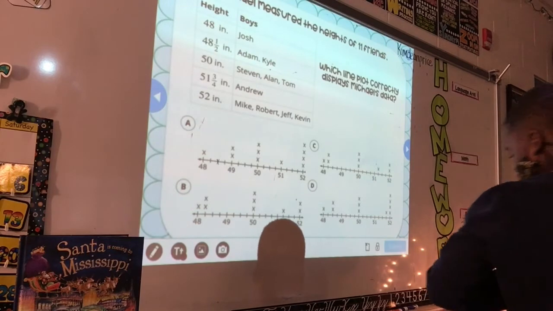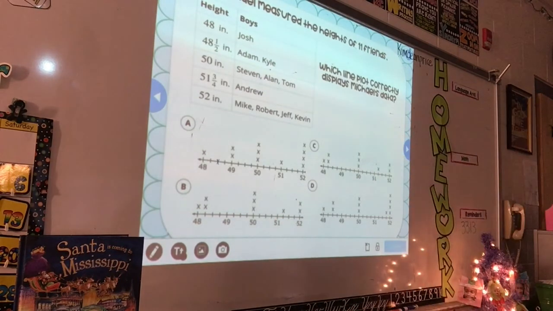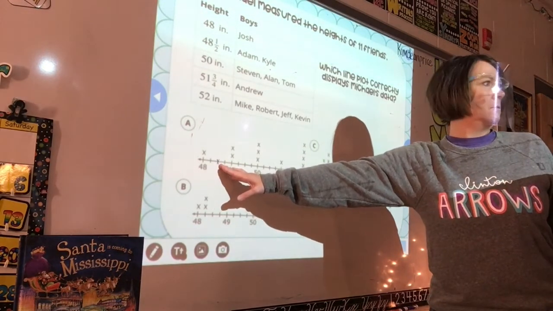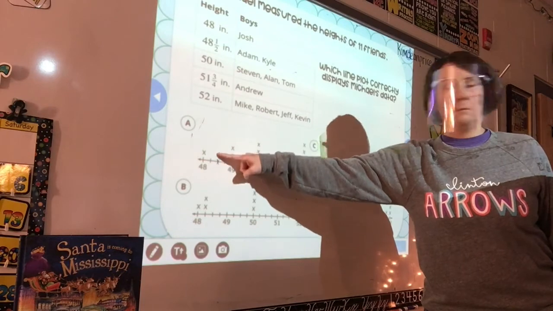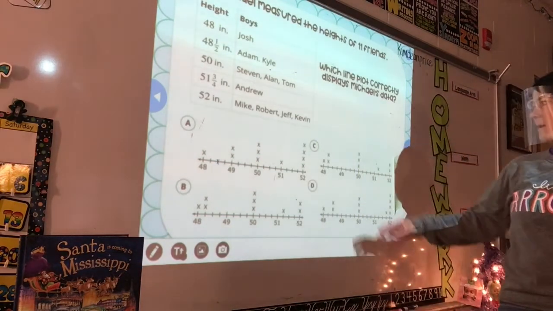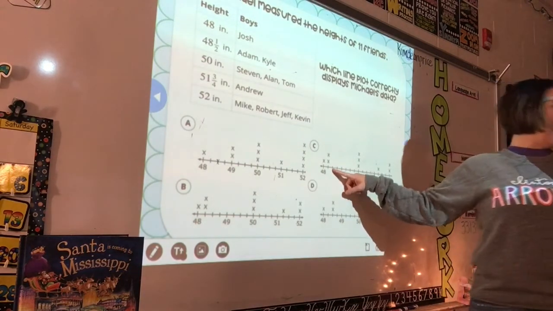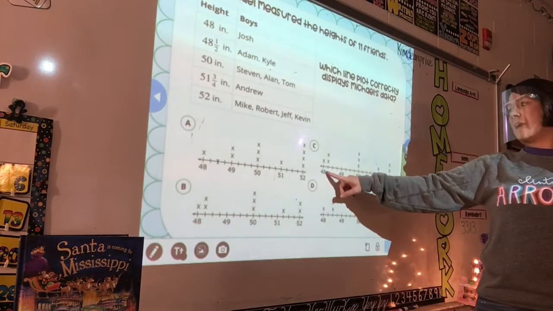Does it have 2 X's? It doesn't have any. No, it doesn't have 2. What about this one? On 48 and a half? No, it's got it on what?